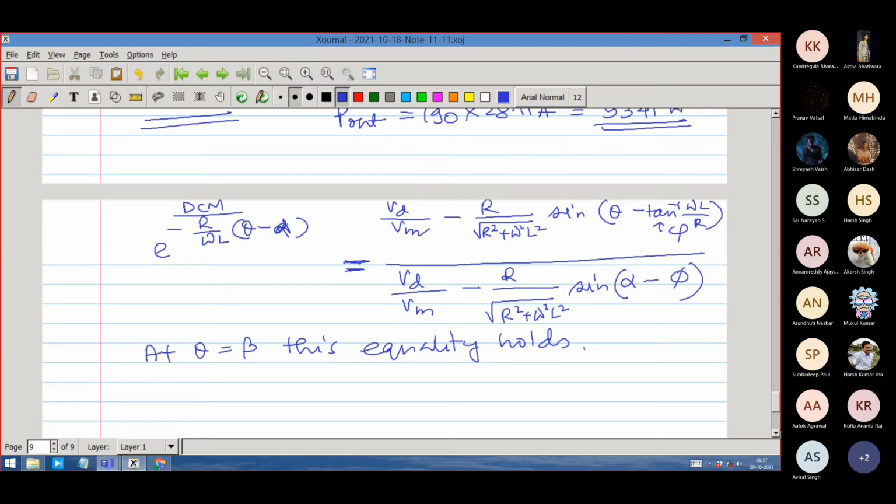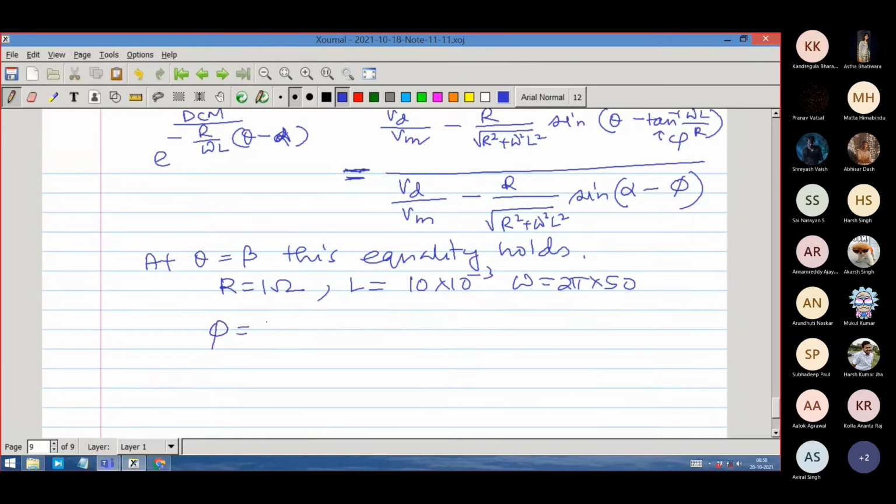So in this case, let us say we take, as earlier, R equal to 1 ohm, L equal to 10 into 10 to the power minus 3, omega equal to 2 pi into 50. Let us find phi.